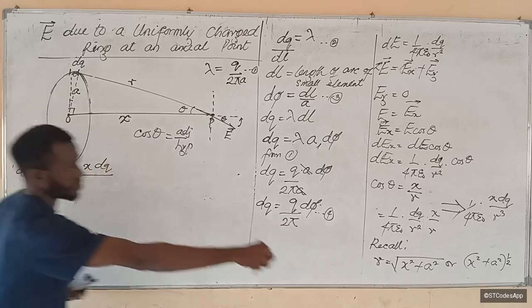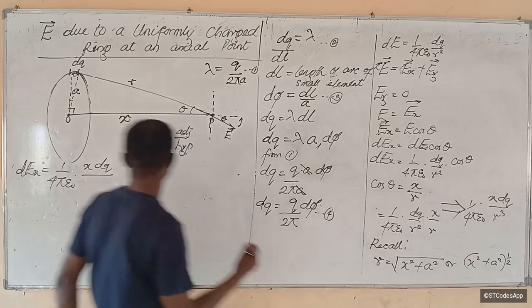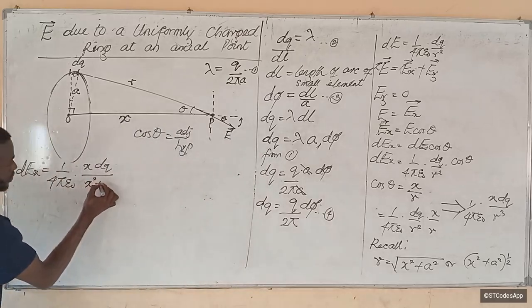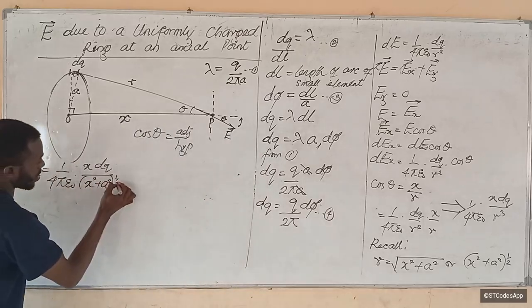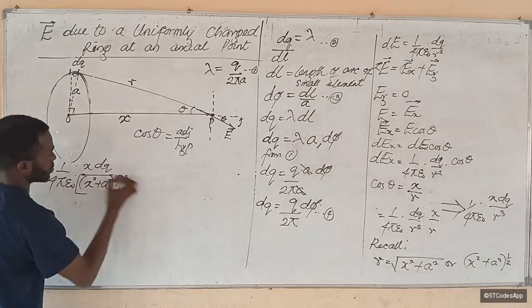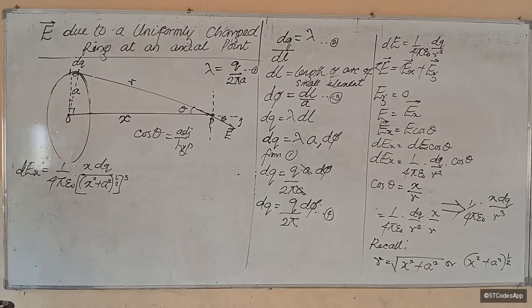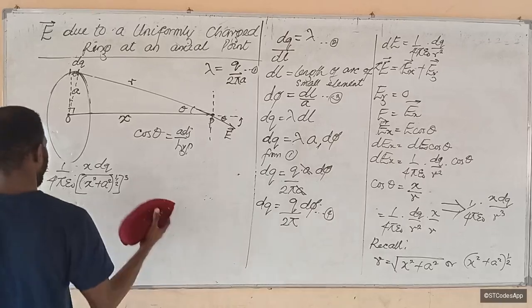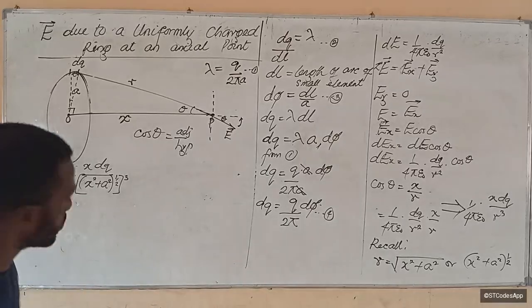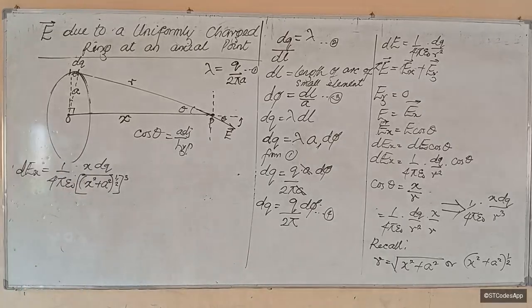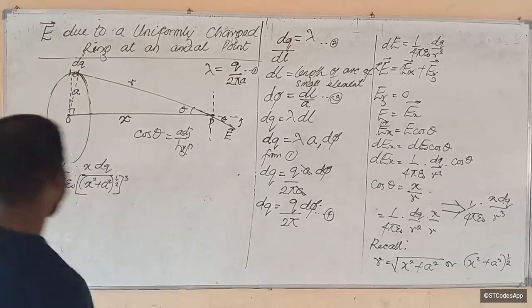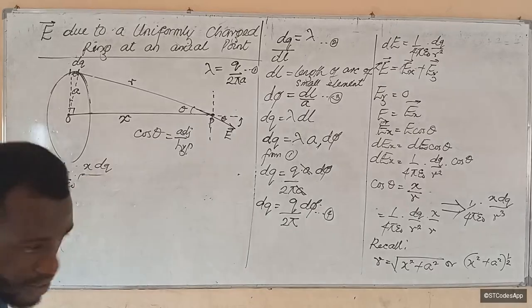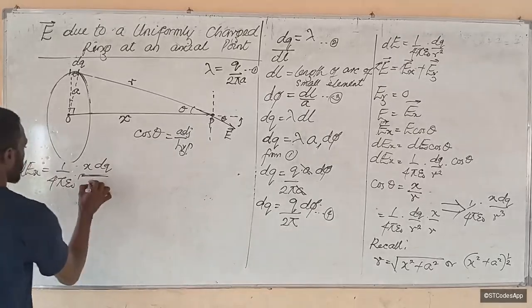Now is all of this thing, all cubed. So that will be x squared plus a squared all to the half and all to power 3. Okay? Now, I will not advise us to substitute yet. We're writing too many things, so let's not substitute yet. Let's still leave it as r cubed.